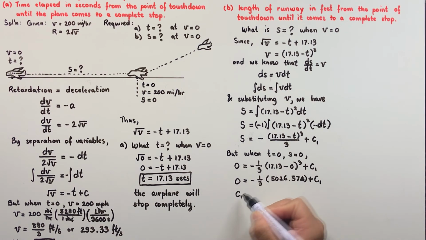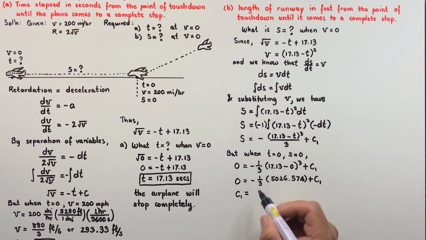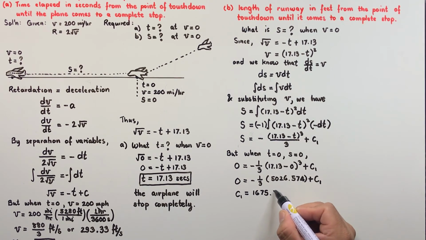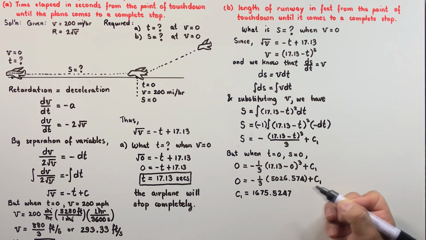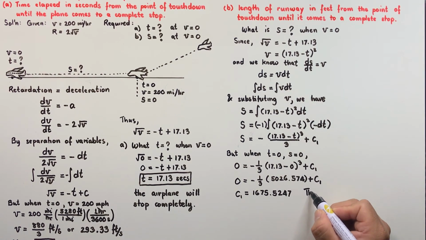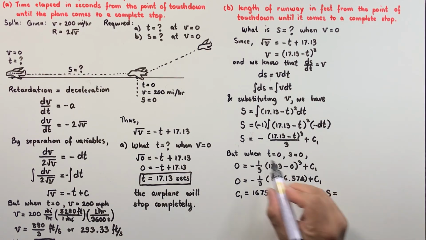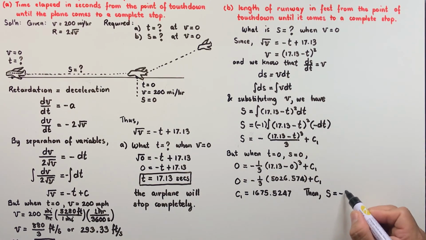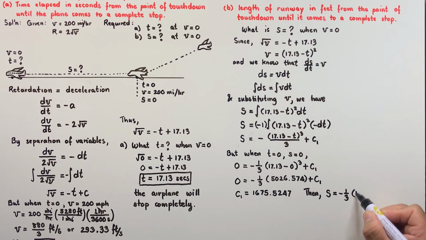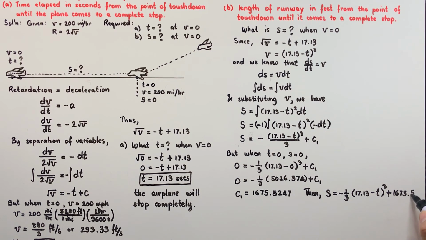So our constant of integration is equal to the product of this 1 and 1/3, which is 1675.5247. Then, therefore, we say that our formula for S, which is this one, is equal to negative 1/3 times 17.13 minus t to the power of 3 plus 1675.52.